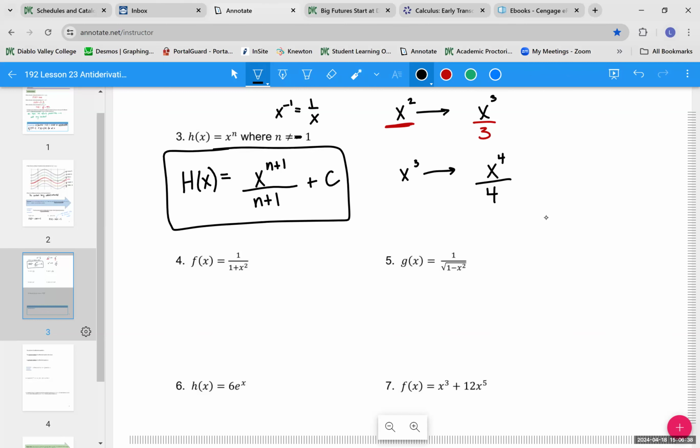Just like we had the derivative of x to a power was this formula. Remember that? Seems like so long ago. But now we have a way to go in reverse, essentially.